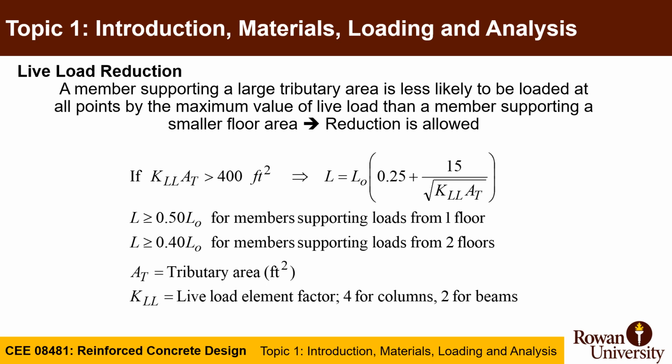A member supporting a large tributary area is less likely to be loaded all the time. That's why we are allowed to reduce it. If K_LL times A_T is more than 400, you are allowed to reduce, so the reduction factor will be 0.25 plus 15 divided by the square root of K_LL A_T.